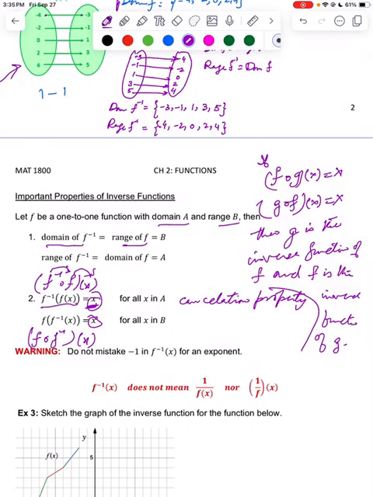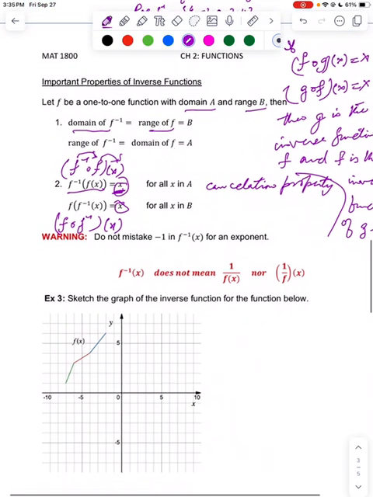Again, a warning, I keep telling you over and over again that the -1 in the power is not an exponent here. It does not mean 1 over f of x. Later on, when we go to trigonometry, you will see inverse functions.